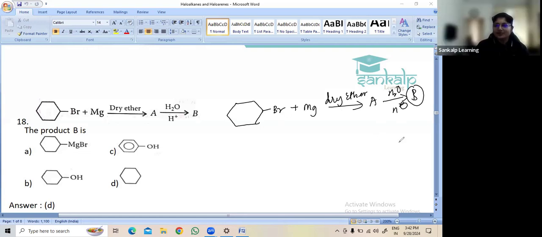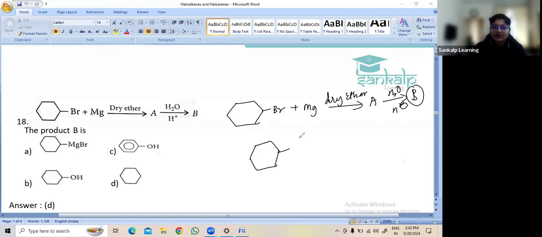This is a cyclobromo compound, right? Now this is reacting with Mg, so it is undergoing what? This is your Grignard reagent, right? So what will be the product formed? First A.